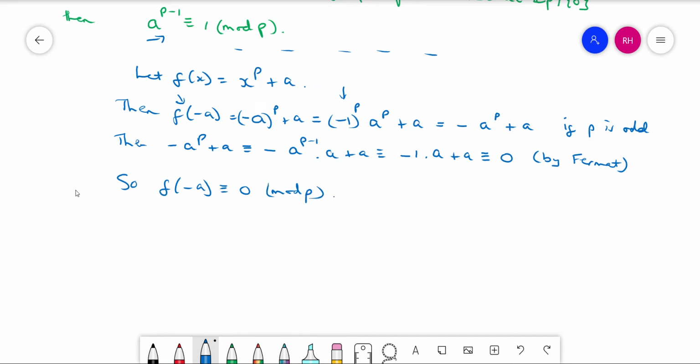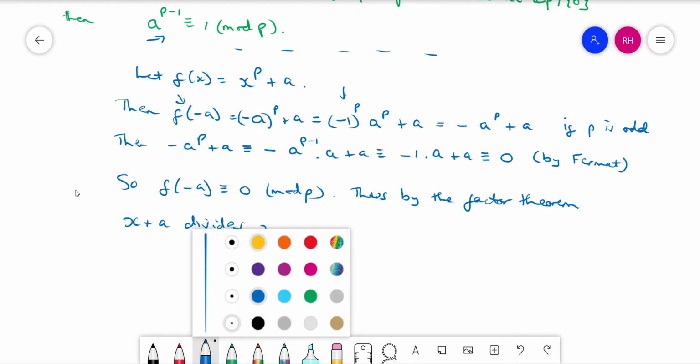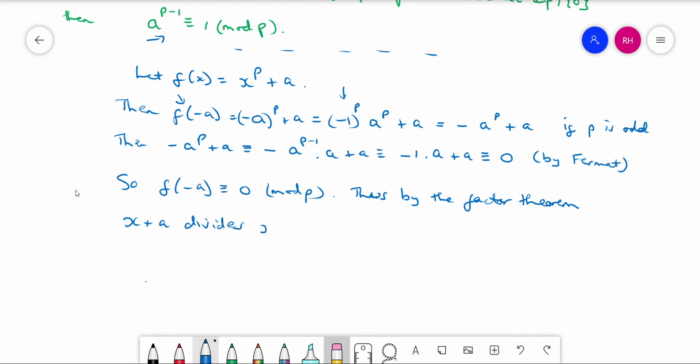And so then, thus, by the factor theorem, x plus a divides f(x), which of course is equal to what we're interested in.